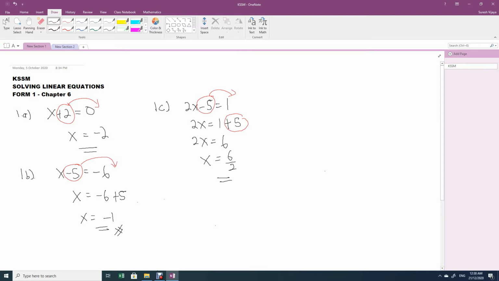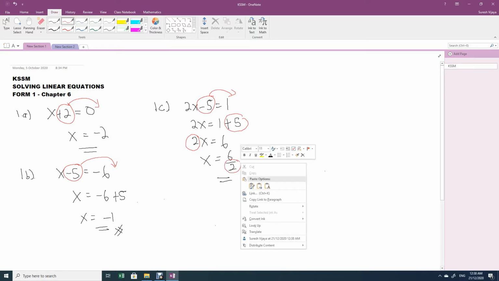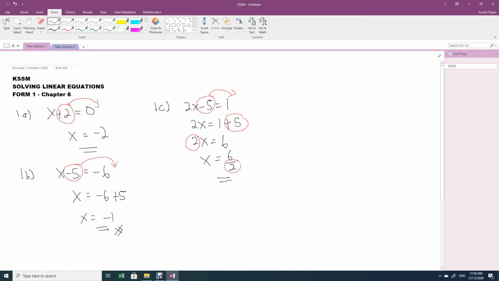Let's say you have 2x, which is multiply. When you cross over, it has to be divide. So that's how we solve such a question.